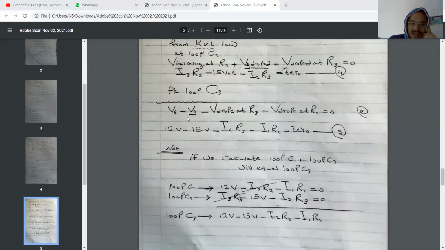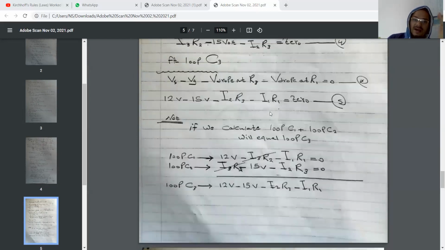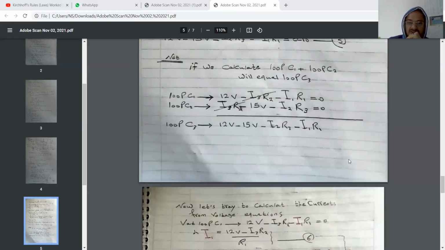At loop 3, VS minus VG minus the voltage drop at R3 minus the drop at R1 equals 0. That means, like we're seeing here, to be sure of our solution, we can calculate the loop at C1 plus the loop at C2. We will see it equals the loop at C3, like I wrote it here.